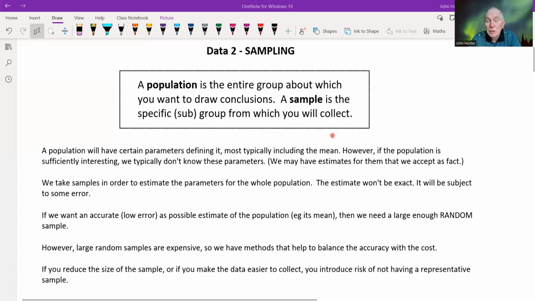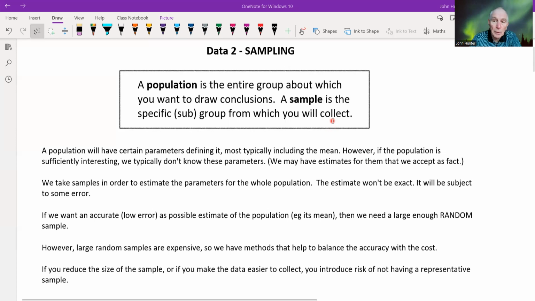So, for instance, if we wanted to very trivially find the average height of the population of the United Kingdom, then we could sample 1,000 people, take the mean of those 1,000 people, and infer that the mean of the population would be that value with some kind of error function around it. It might be plus or minus 2% or something like that.